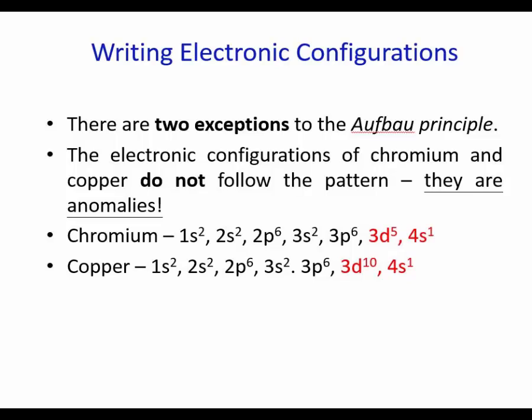So the 4s electron pops up into the 3d, it pops up to become 3d5. Same with copper, instead of having a 3d9 with 4s2 full, the 4s2 jumps up, so it's 3d10, 4s1. So you need to know that as there are exceptions to the rule, especially the Aufbau principle.